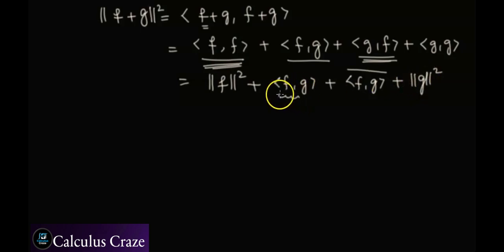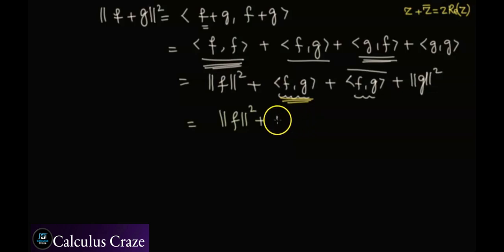Now whatever this is and whatever this is, both are complex numbers. So if this is z and this is z bar, then you can recall that z plus z bar is equal to 2 times the real part of z, right? So in other words, I can now write this as the norm of f squared plus 2 times the real part of the inner product of f with g, plus the norm of g squared.